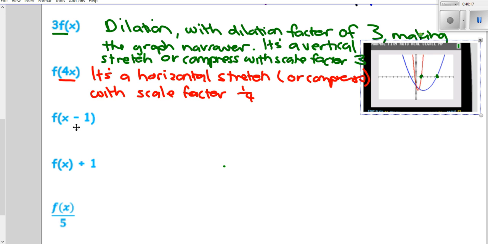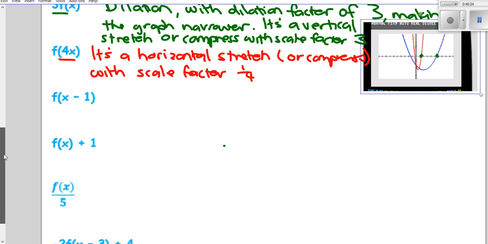This little one here, what kind of transformation do you think that is? Translate, right along the x-axis. Yeah, exactly. It's a horizontal translation, 1 unit to the right. Some people say 1 unit in the positive x direction as well.